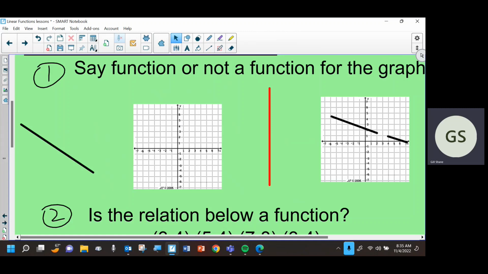All right, so if I put a line on that graph, right? That line has an x and y intercept.